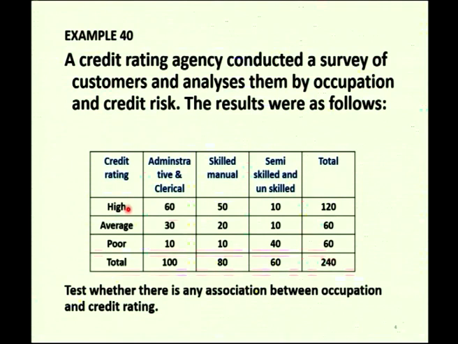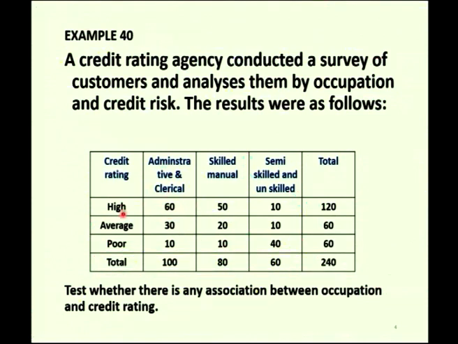So, the credit rating is very high who are having administrative and clerical skills are 60 in number, and average in administrative and clerical skills are 30 and poor is 10. Like that, this tabular column has been given to you, which is a 3x3.